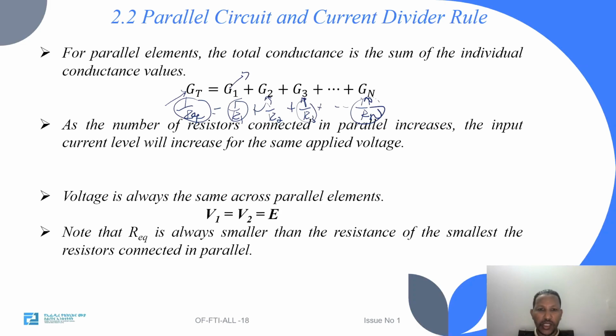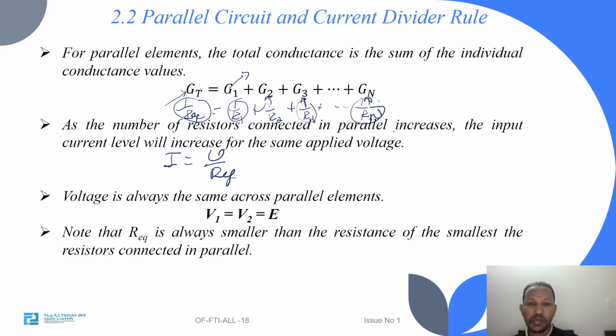As the number of resistors connected in parallel increases, the input current level will also increase, because the total resistance will be reduced. Because I equals V over R equivalent.